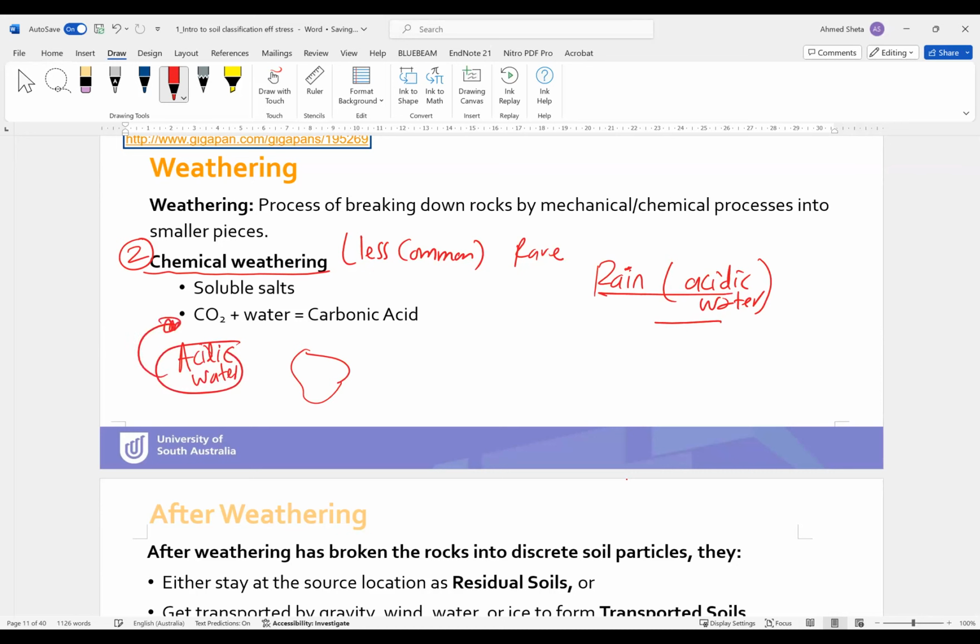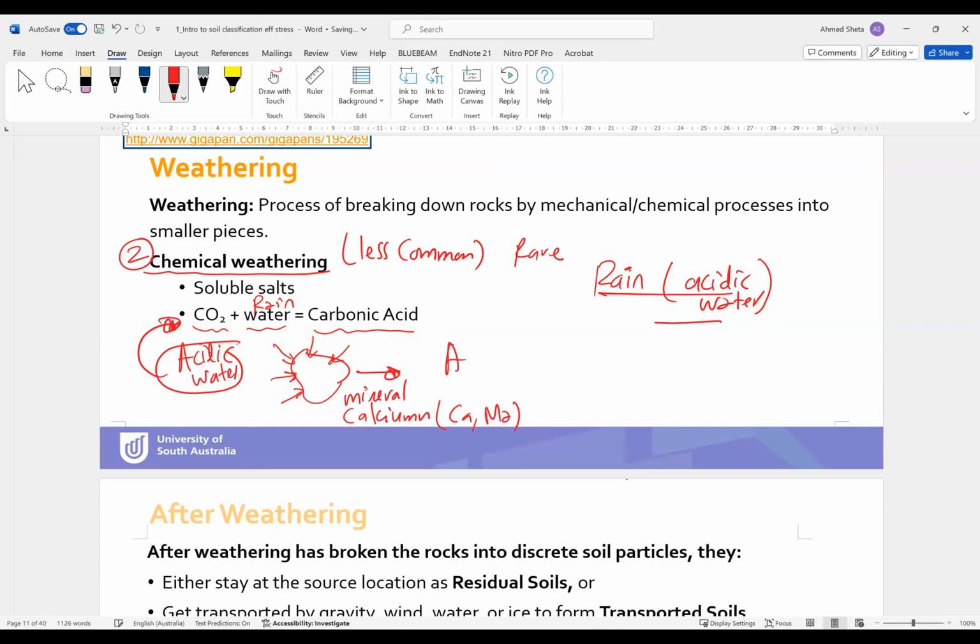This is the process of acidic water. So due to carbonation with the rainwater, it becomes carbonic acids. This carbonic acid, when it goes to the rock, it goes in because the soil has minerals inside. This mineral means it has calcium or magnesium and so on.